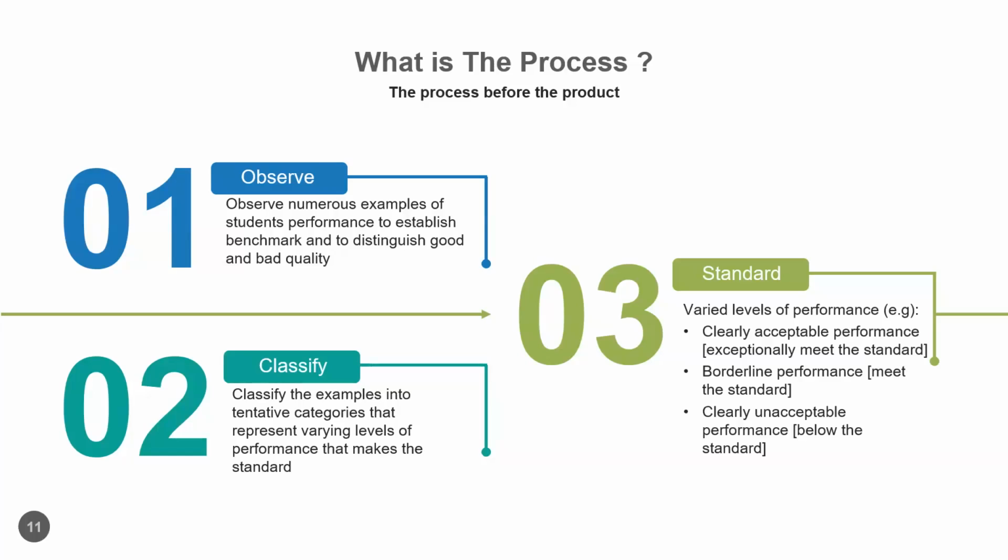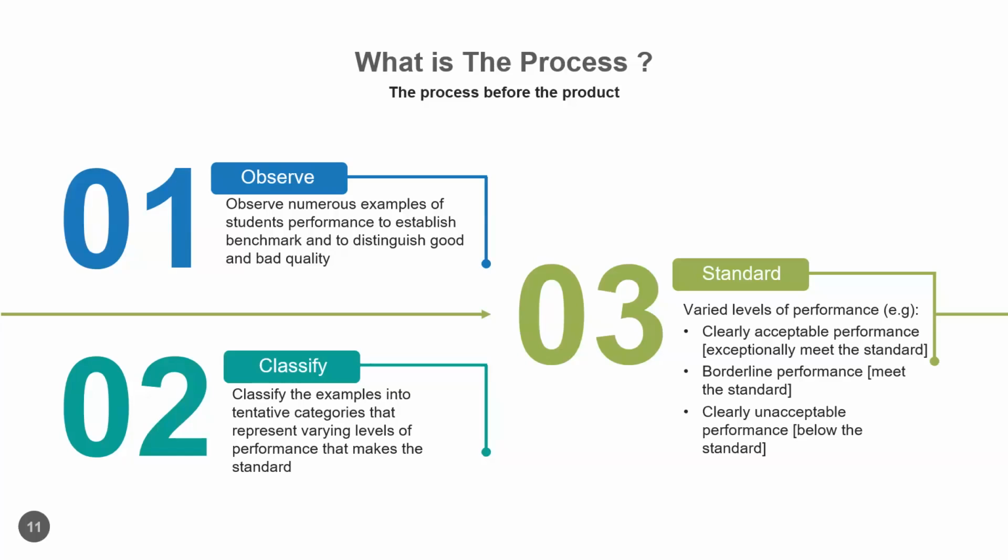Borderline performance will be just meeting the standard. That's 3 usually, if it's a scale of 5. Clearly unacceptable performance will be below the standard. So in between will be neither here nor there, but almost there. They can do this but cannot do that. Something of that sort.